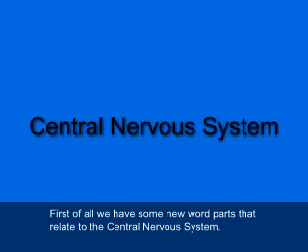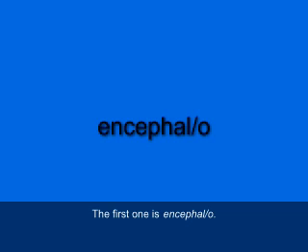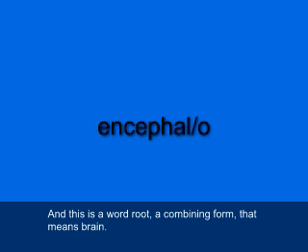Well, now let's look at some of the new ones here. First of all, we have some new word parts that relate to the central nervous system. And the first one is encephalo, E-N-C-E-P-H-A-L/O. And this is a word root or combining form that means brain.